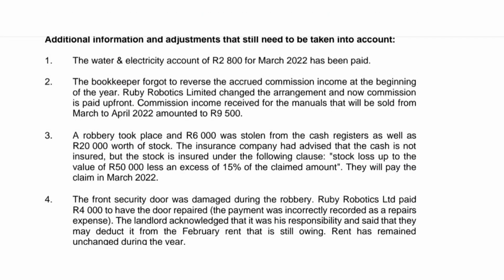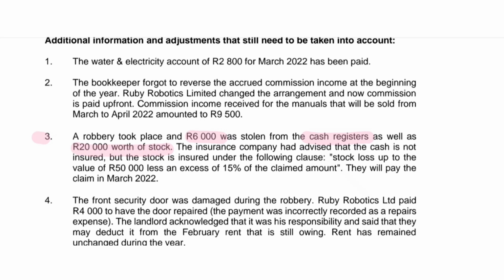The adjustment that affects trading stock is adjustment number 3, and we are told that a robbery took place and 6,000 was stolen from the cash register, as well as 20,000 worth of stock. Stock is insured under the following clause: stock lost to the value of 50,000, less an excess of 15% of the claimed amount. They will pay the claim in March.